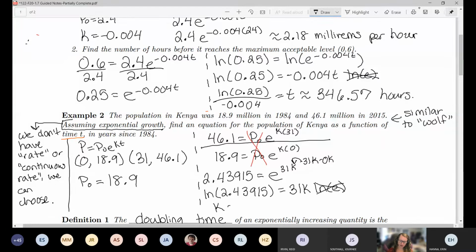So to solve for k, we're going to divide both sides by the 31. This will approximately be 0.028763. I'm going to cut it off a little bit for the actual answer, but that is what the decimal would turn out to be.